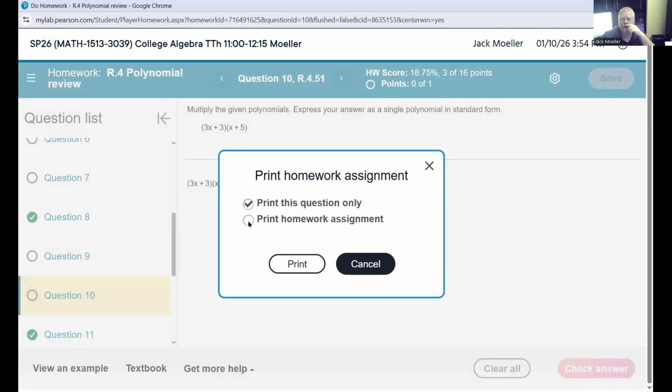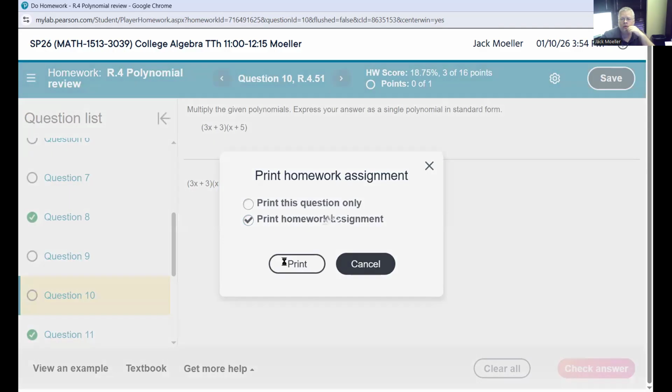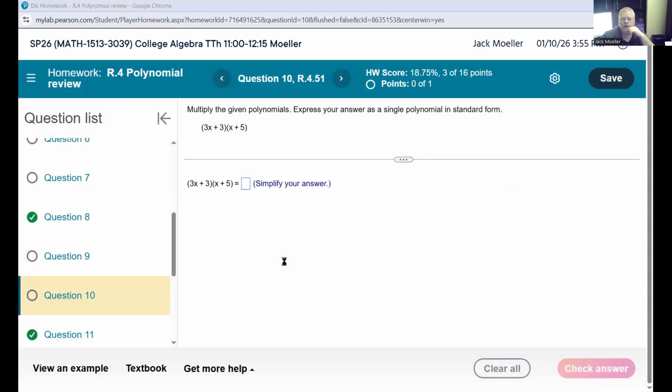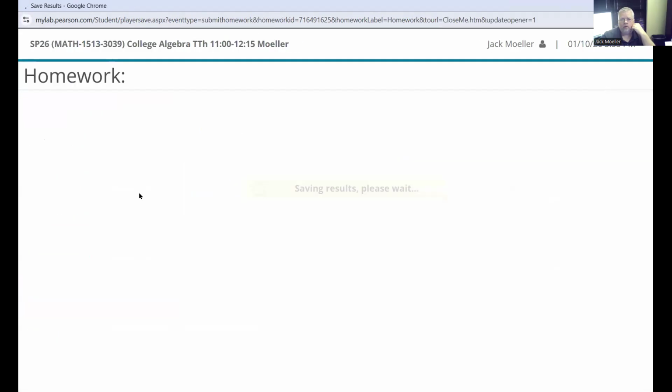The default is print the question, so make it print homework. Then you hit print, then it has to load it all up, and then you hit print again, right? And then you can print off your assignment. The problem with this is if you want to print off 3 or 4 homeworks, then you have to go into each one individually and print it off that way.